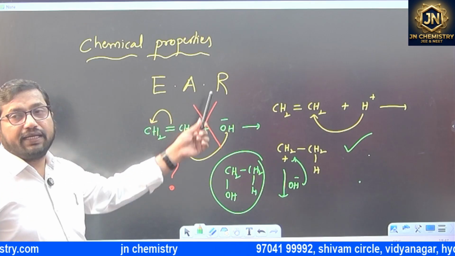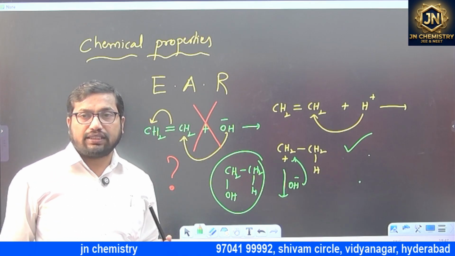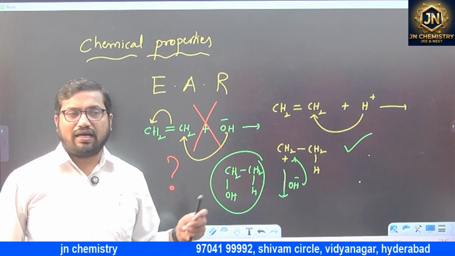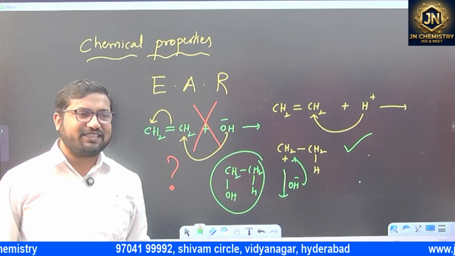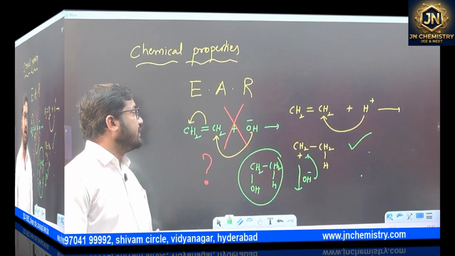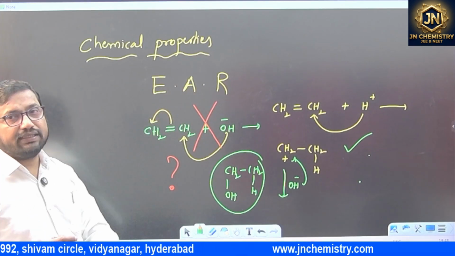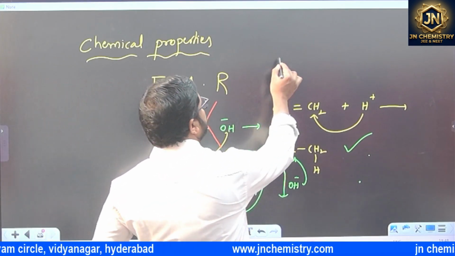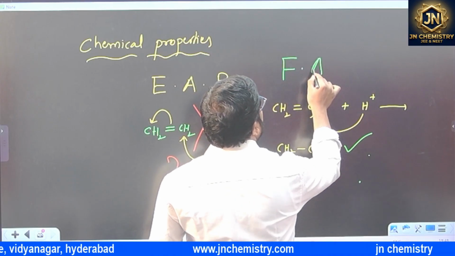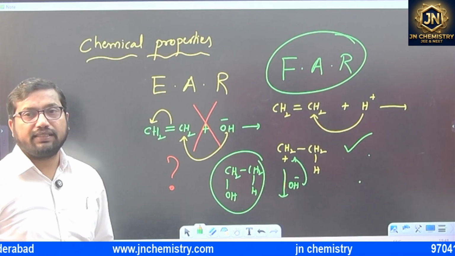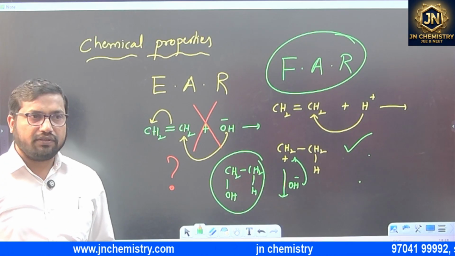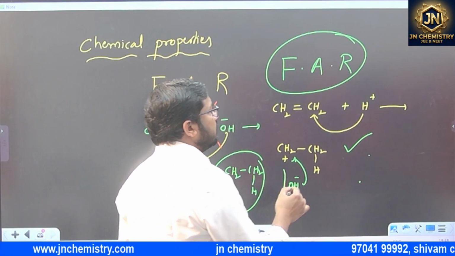Along with electrophilic addition, alkenes undergo which type of reactions? Alkenes only, right? Alkanes undergo free radical substitution reactions. So alkenes undergo electrophilic addition, as well as free radical addition reaction. Free radical addition takes place when peroxide is present, write it down.